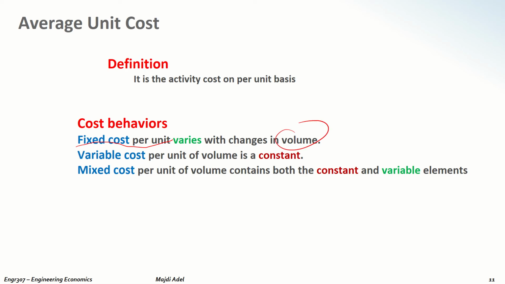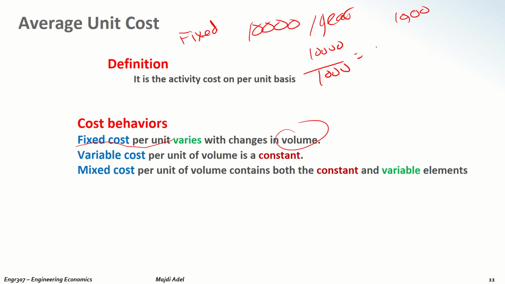How to explain that? Let's take an example. For example, the rent. I'm paying a rent of 10,000 riyals per year. And my plant is producing 1,000 units. This is a fixed cost, by the way. So if I'm producing 1,000 units, the rent per unit is 10,000 divided by 1,000 units, which is 10 riyals per unit.